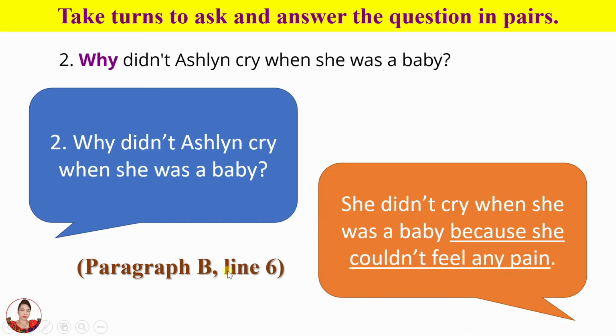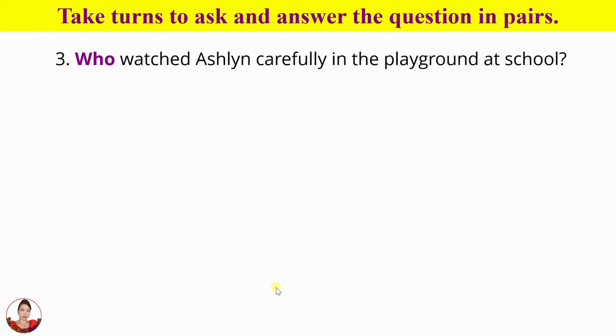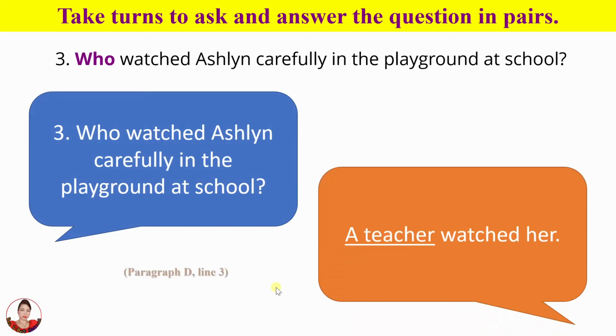In paragraph B, line 6. Number 3. Who watched Ashlyn carefully in the playground at school? A teacher watched her. Paragraph D, line 3.